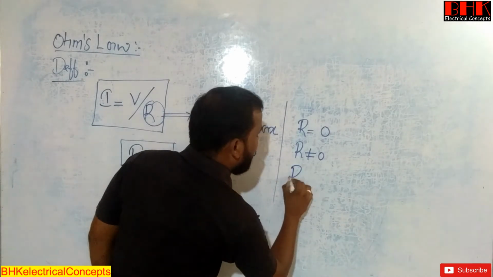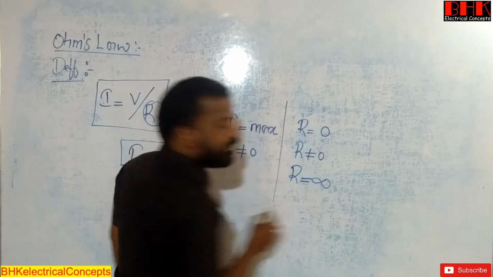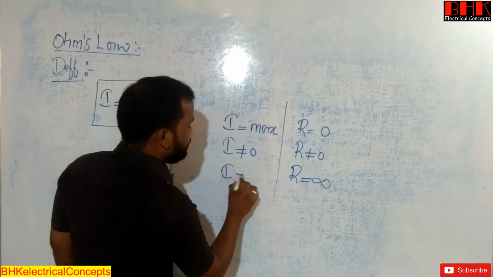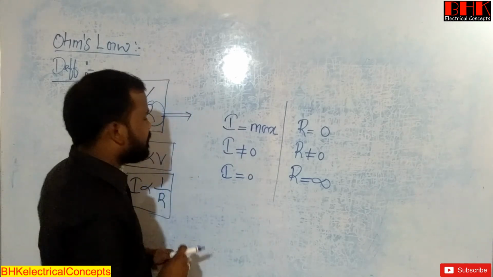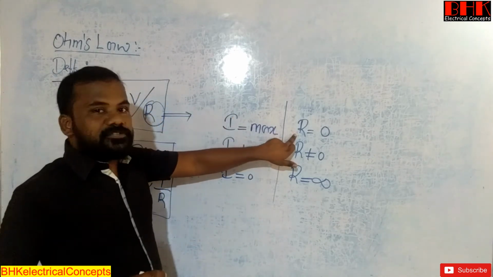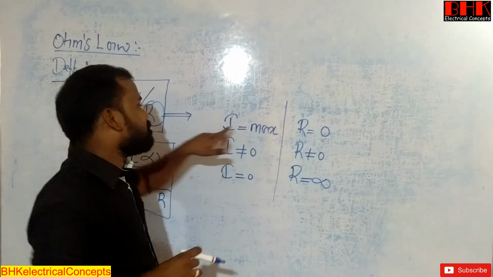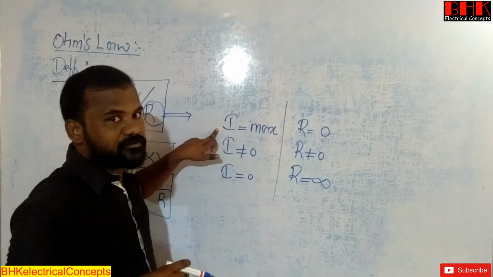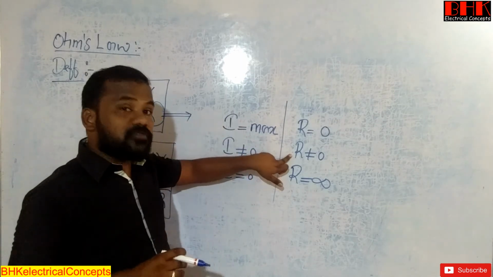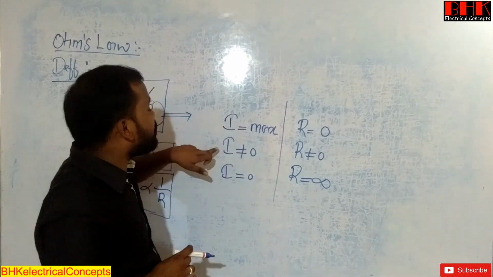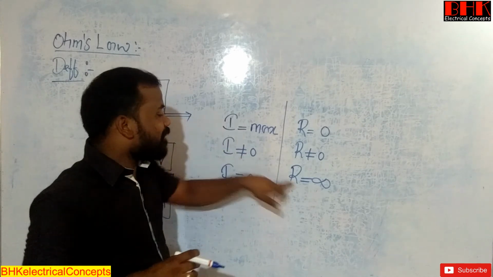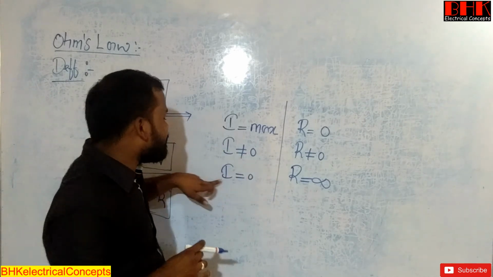But if R is equal to infinity, then I is equal to 0. R equal to 0 means there is no resistance in the circuit, so the maximum amount of current will flow. If R is not equal to 0, some amount of current will definitely flow.